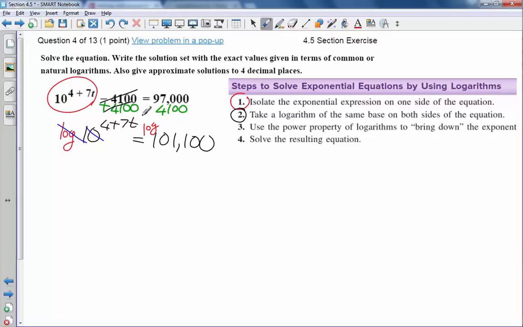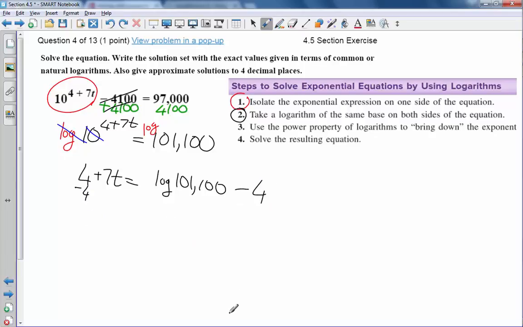Of course these will cancel and we get 4 plus 7t equals log of this stuff. And get t all by itself. How? Subtract 4.